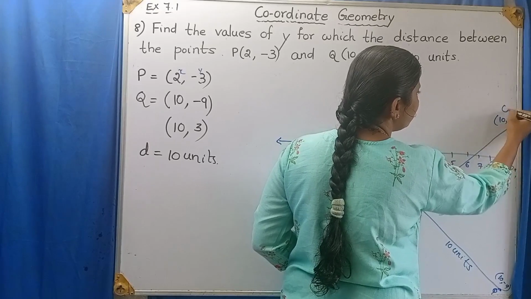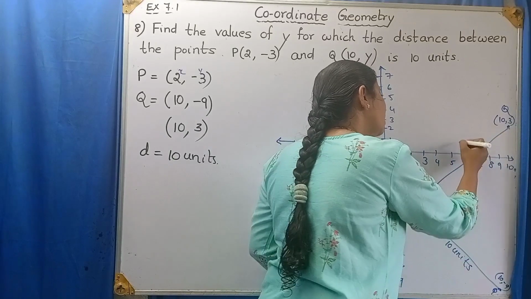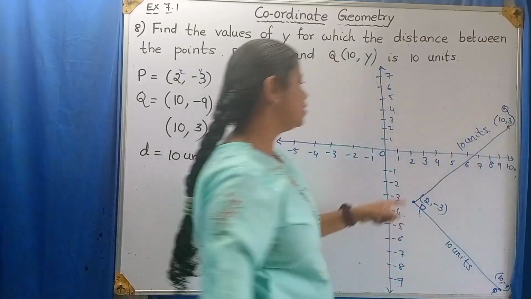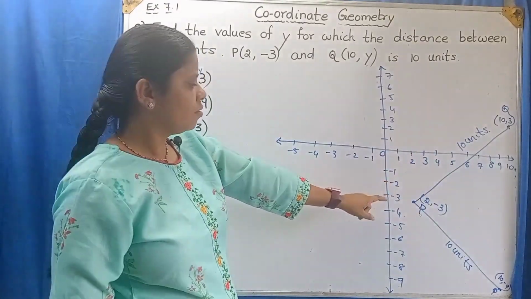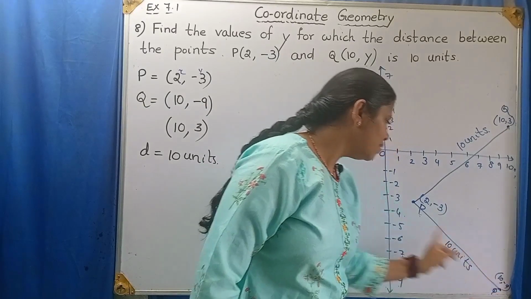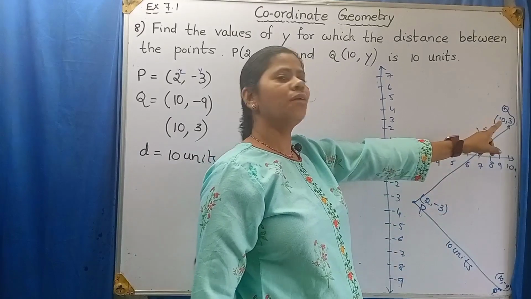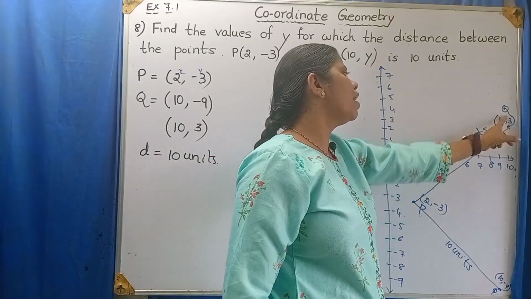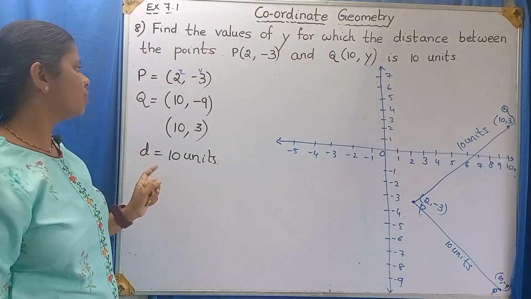This is also our point Q. The distance between them is also 10 units. This is the meaning of the question. When we get y as minus 9, the distance between these two is 10 units. And when the y coordinate is 3, the distance between P and Q is also 10 units. This is the meaning of the question.